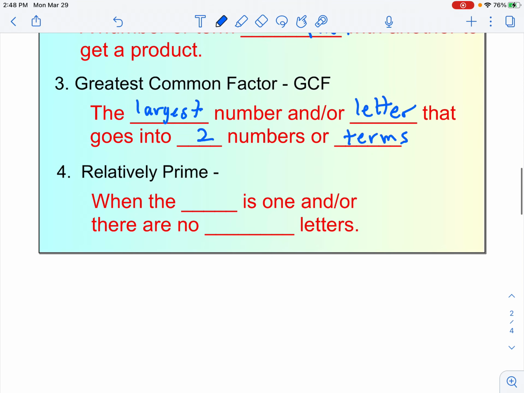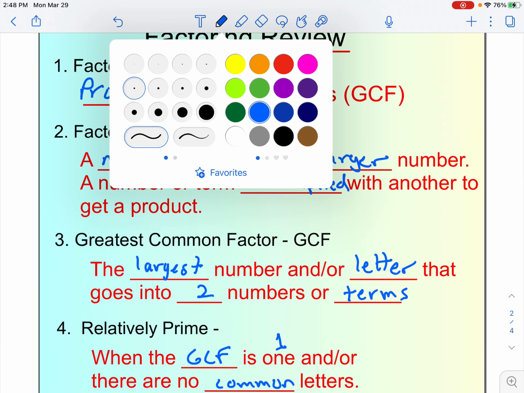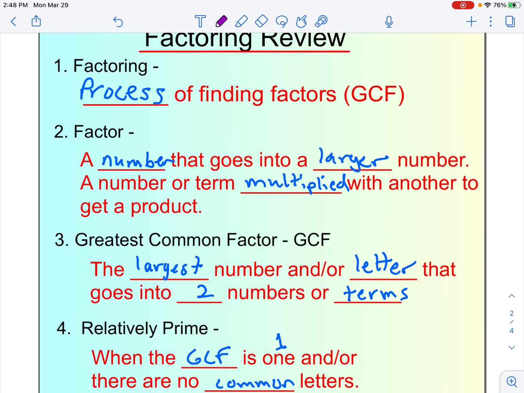When we have something that's relatively prime, that is when the GCF is 1, like the number 1, and or there are no common letters or variables.